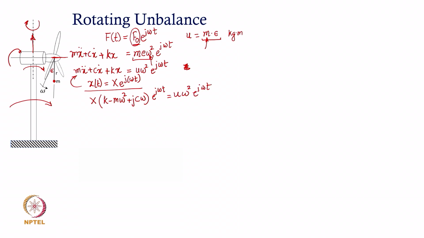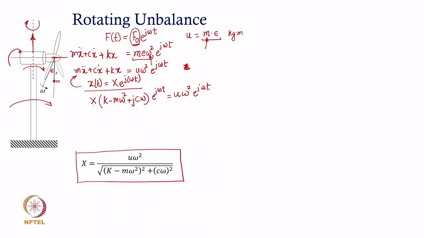Okay. So, the way we did it for a simple single degree of freedom system with constant force amplitude, the same process will apply, and it is just as straightforward to show that finally, this amplitude X, keeping on the left hand side all terms taken on the right, and some mathematical manipulation which we have already done, this is what you will finally get as the amplitude of vibratory response in terms of the unbalance u and the excitation frequency omega.